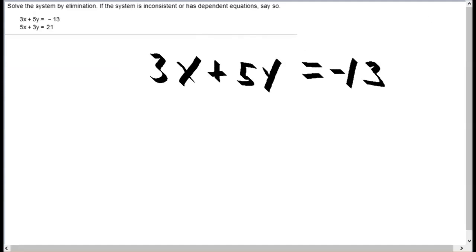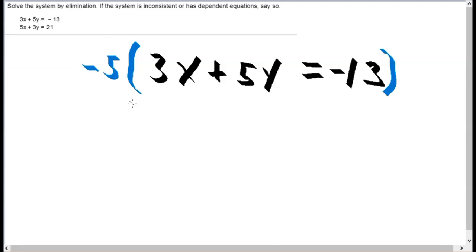I'm going to multiply this whole equation by negative 5, because that will make a negative 15 for the x. And if I multiply the bottom one by positive 3, we should be able to get something to happen.